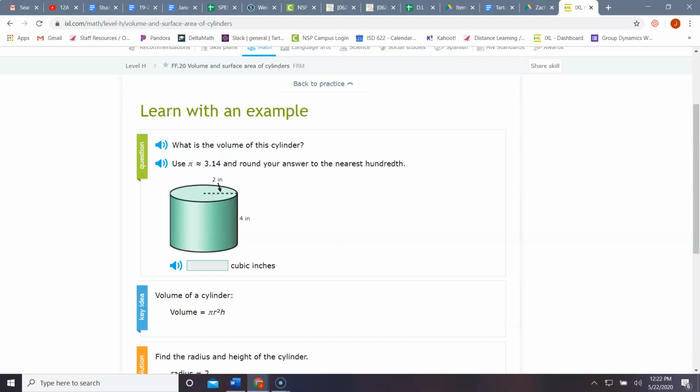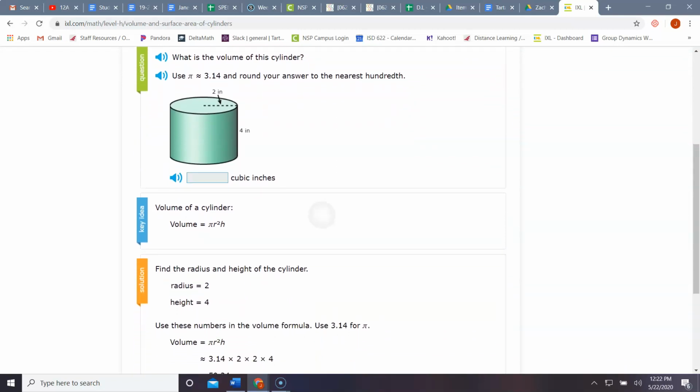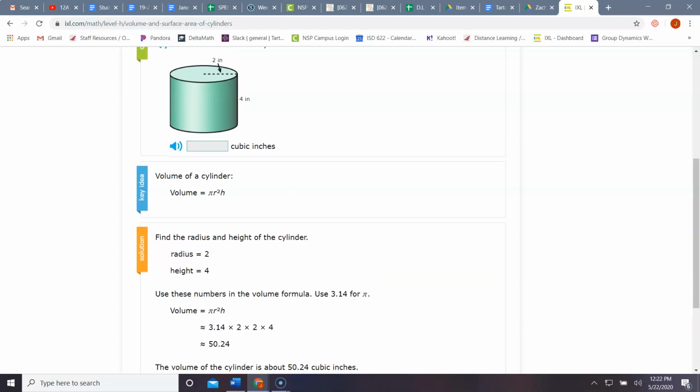So you can see we have a cylinder here with a radius of 2 and a height of 4. And they've told us that in order to find the volume of this cylinder, we need to do pi times r squared times h. So we have to do pi times r squared because that will give us the area of our circle, and then we multiply it by the height to find out the volume.